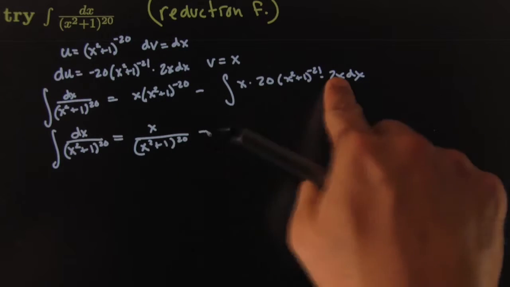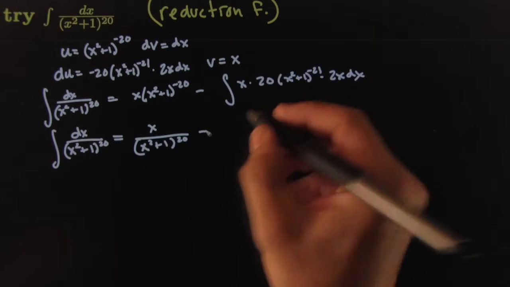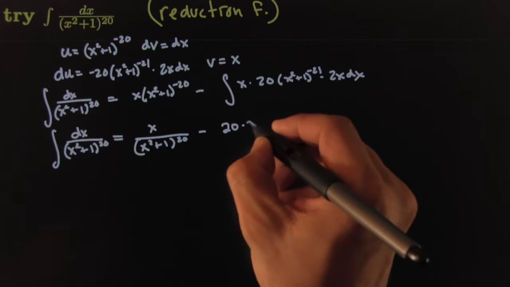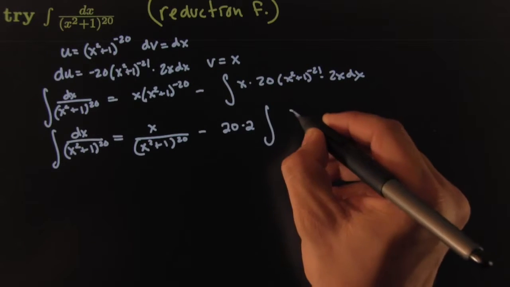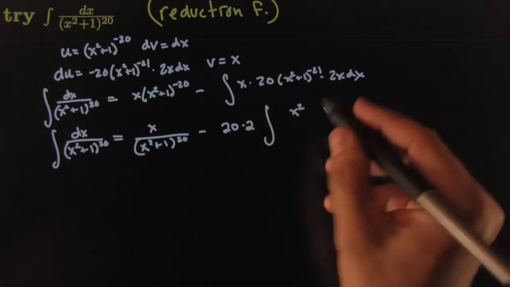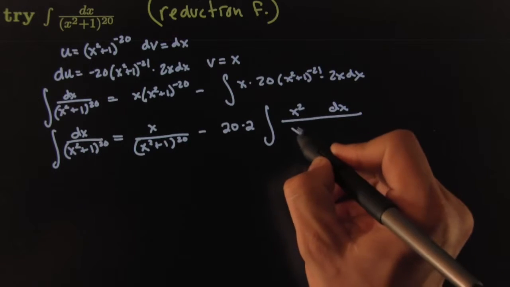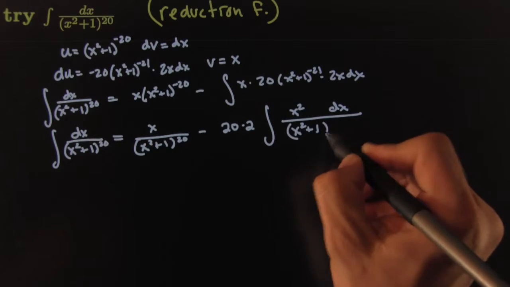Here I see a 20, here I see a 2, here I see an x. Let me see if I can pull out a 20 times 2 times the integral of x squared dx over (x squared plus 1) raised to the 21.